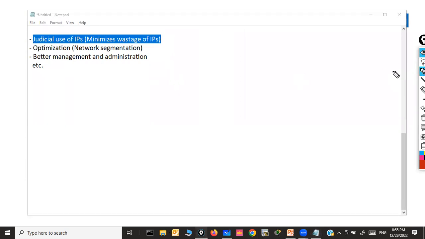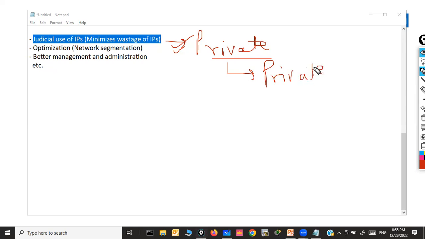So now, if your question is, what if I have my private network? Private network means not internet. My network is a private enterprise network, right? So do we need to do subnetting? Do we use subnets in a private network? Because in private networks we will be using private IPs. Private IPs are free to use.